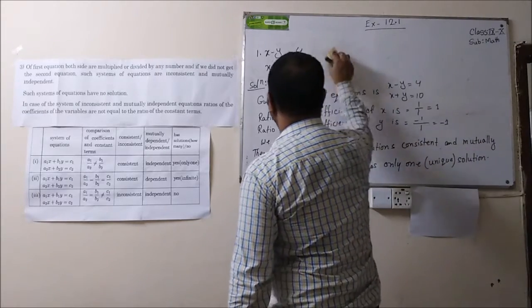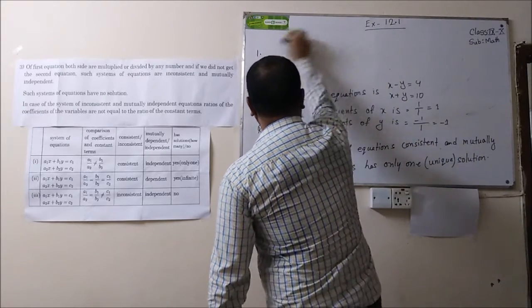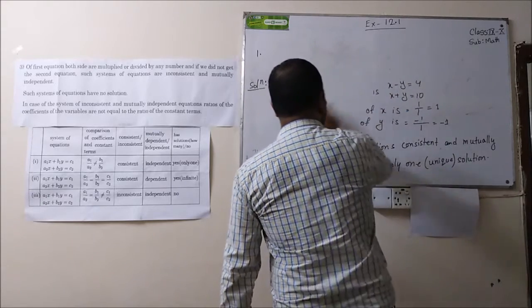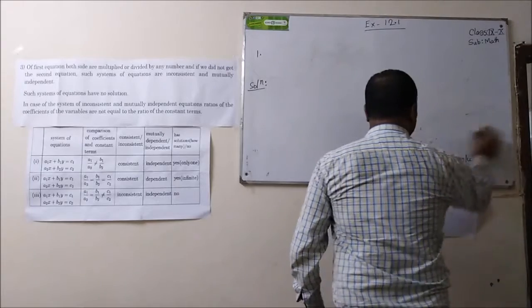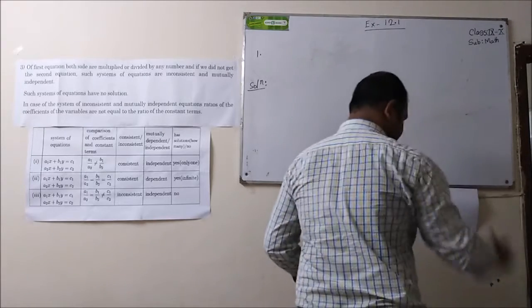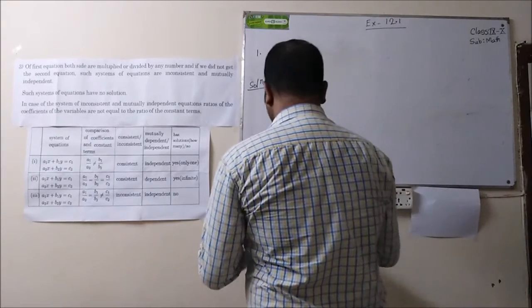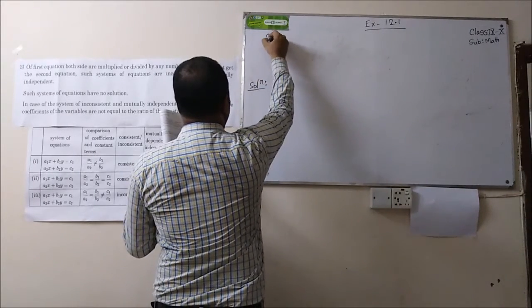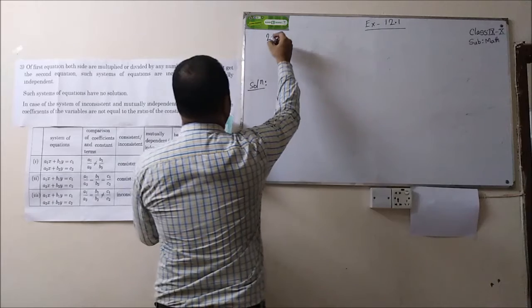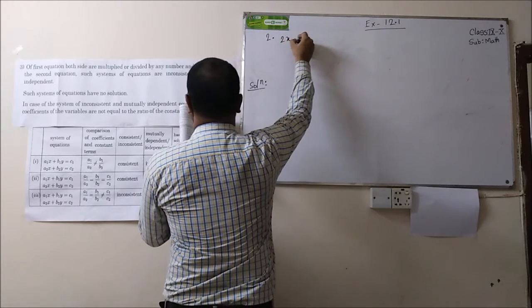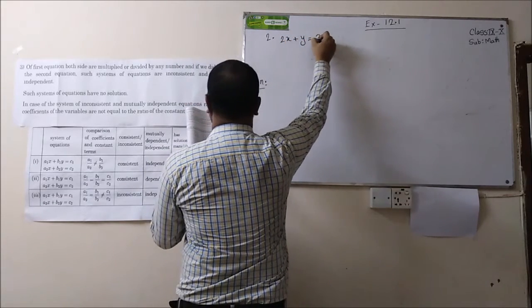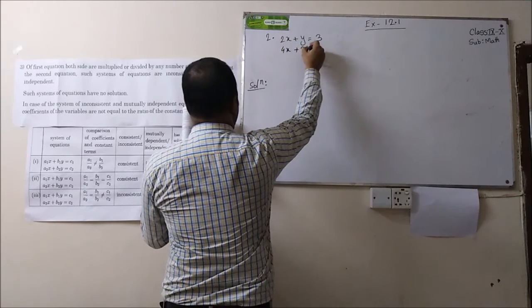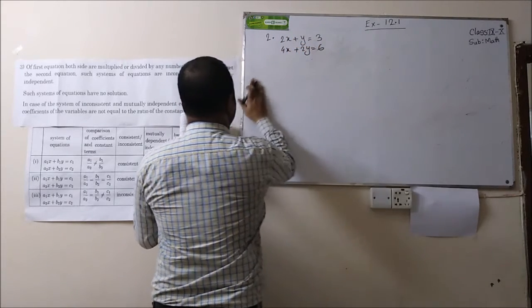So here is question number 2. Question number 2 is 2x plus y equal to 3 and 4x plus 2y equal to 6.